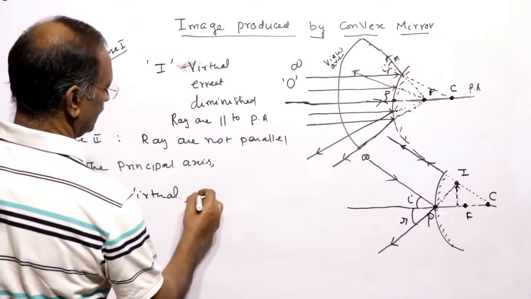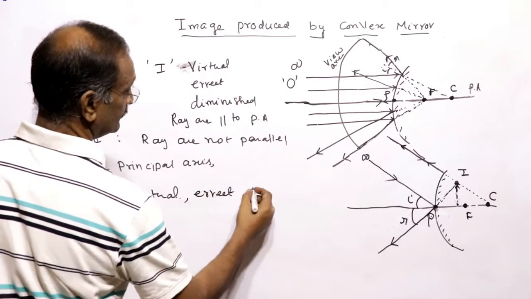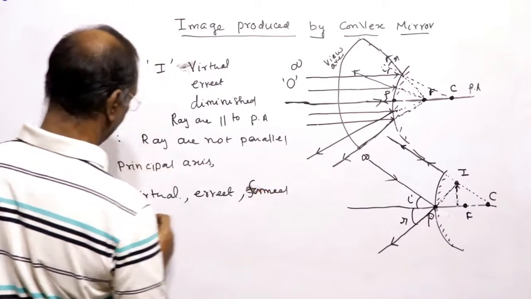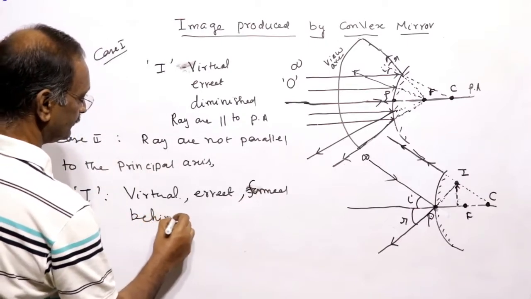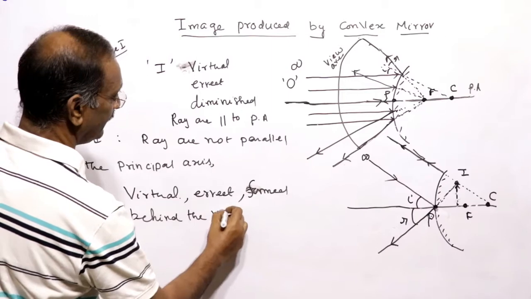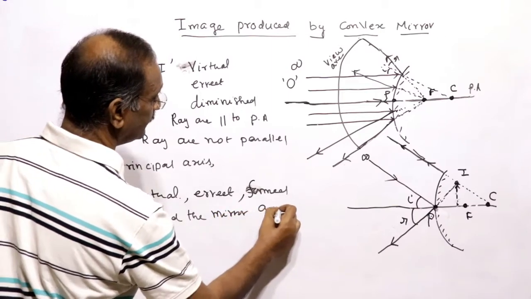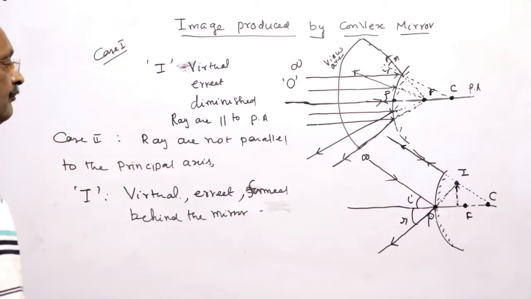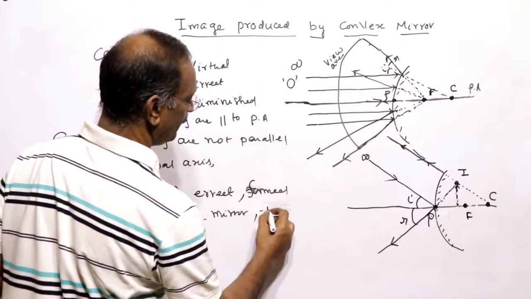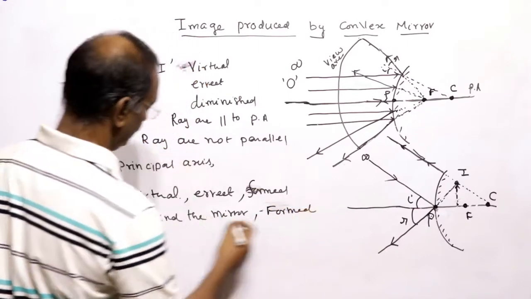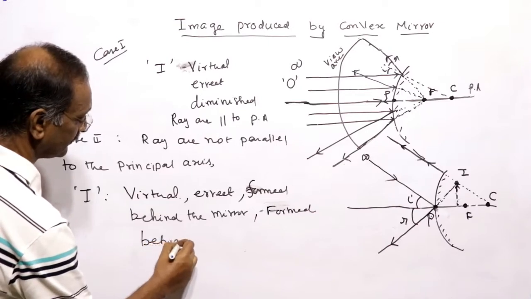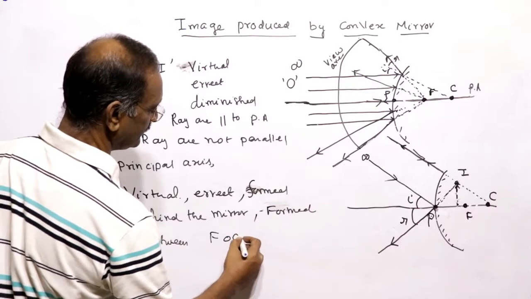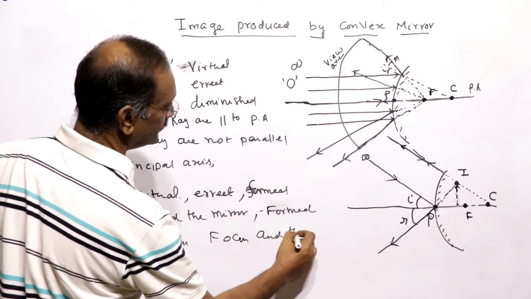Virtual, erect, formed behind the mirror, and smaller in size. The image is formed between the focus and the pole.